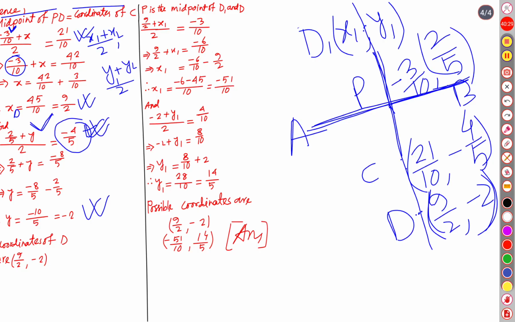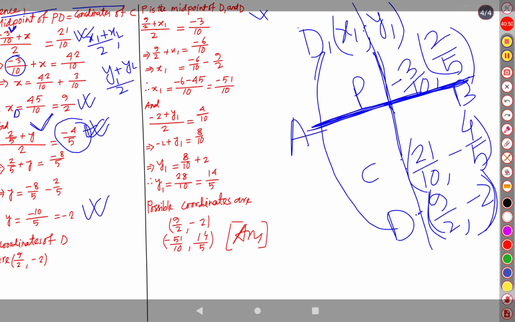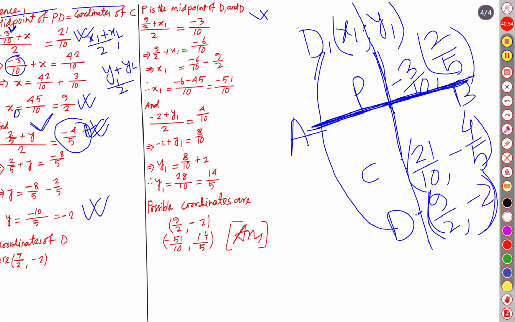Since P is the midpoint of AB, P may also be the midpoint of D1 and D. That's why I have written P is the midpoint of D1 and D, because we should not forget that we have got the distance PD.